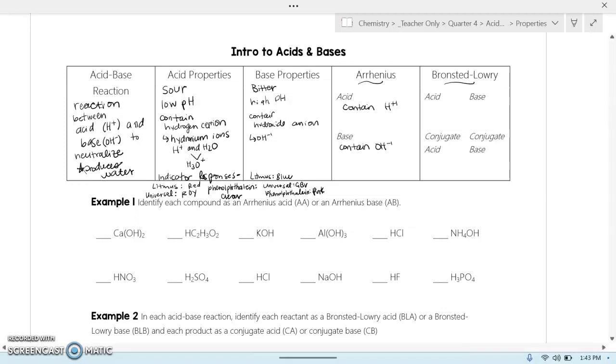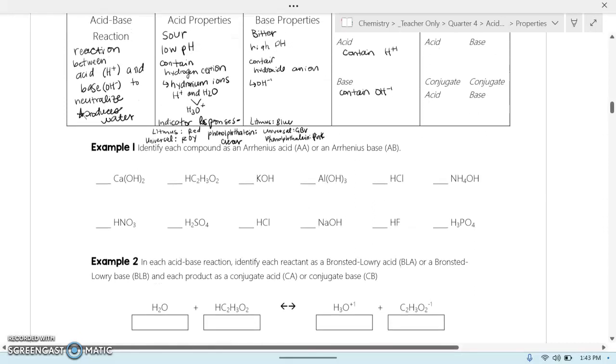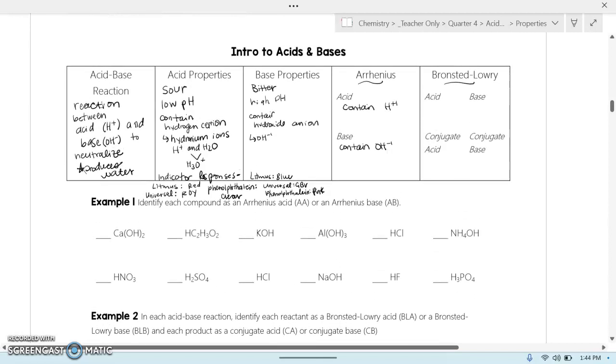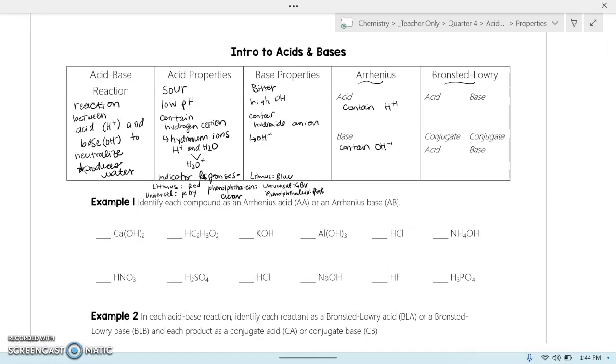So looking for H and OH. Example 1 is using the Arrhenius definition, so we're just going to label them acid or base based on does it have H or does it have OH. Our first one, we have OH, so that would be an Arrhenius base.